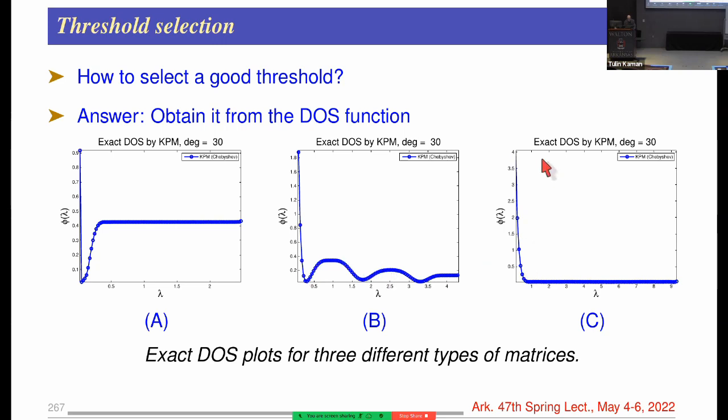And then this one is not very clear cut. You don't have really something that comes back up. This is very common also, right? So you can see from here that one way to get a good idea of this epsilon is just to try to identify where this thing goes back up.